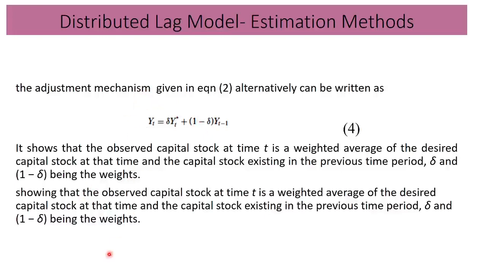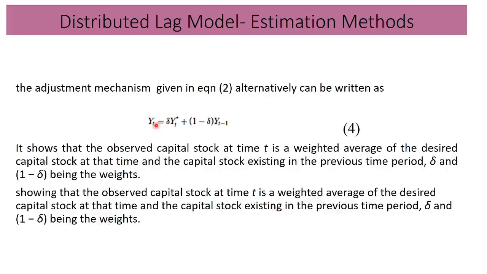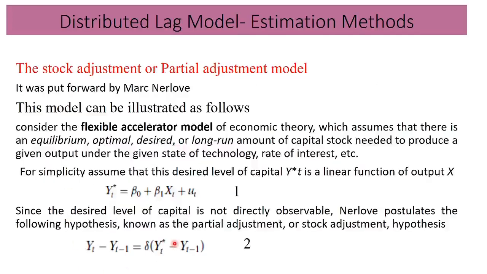This is nothing but we took Yt minus 1 on the left hand side and brought this term to that side. That is, Yt equals, multiplying this term by delta, delta Yt star minus delta Yt minus 1.